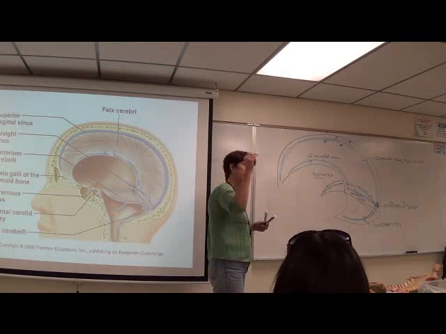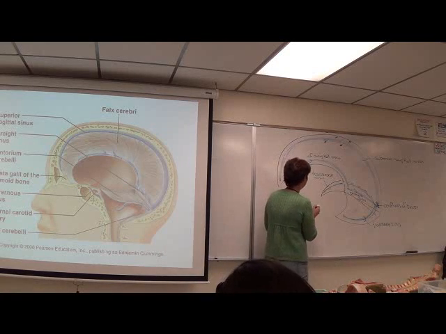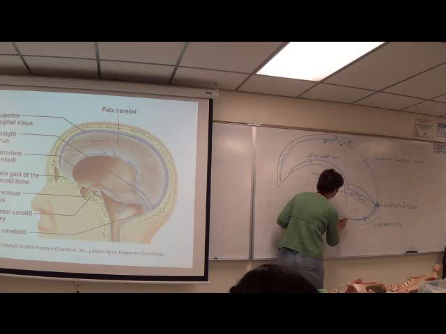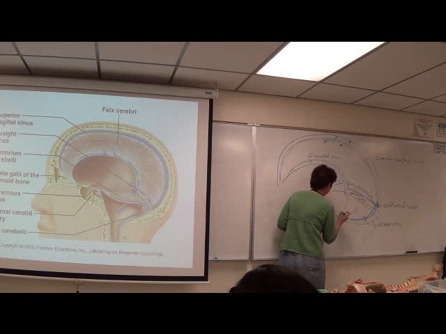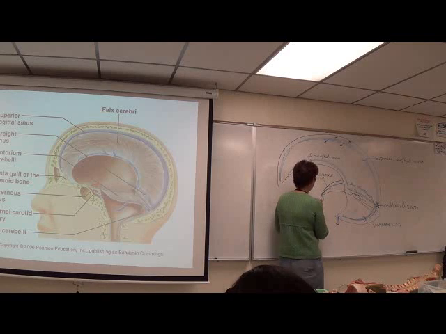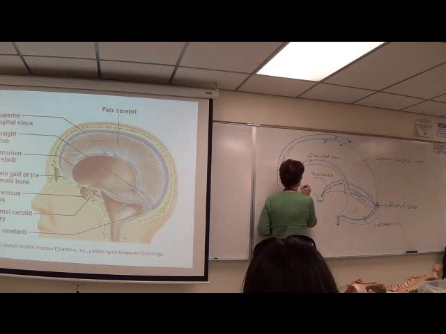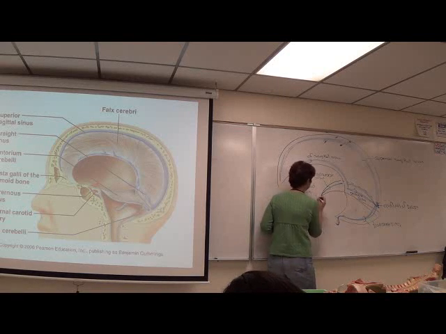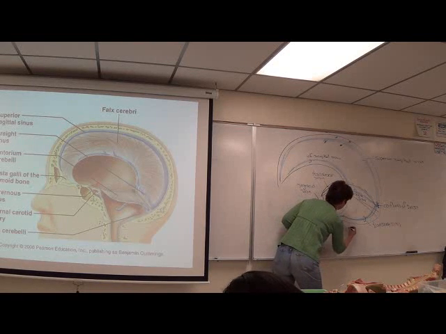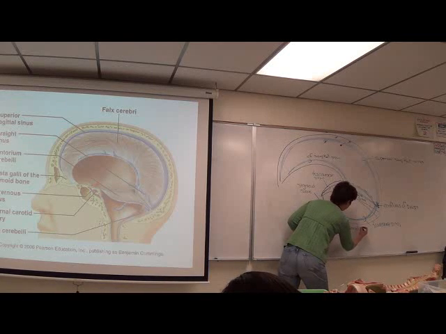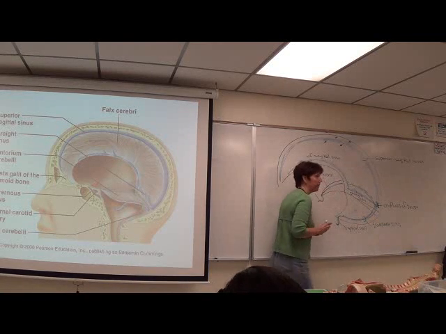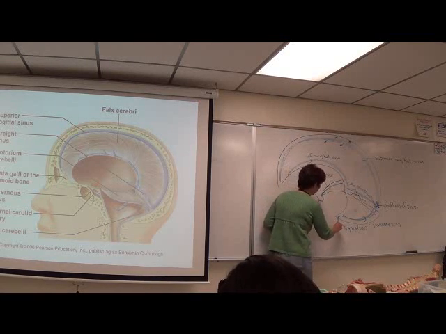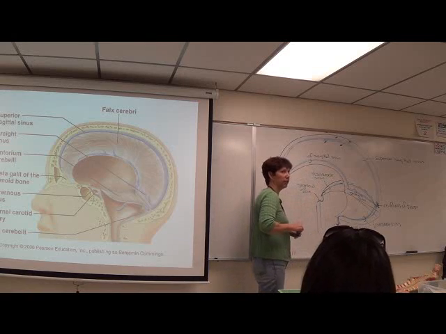So our curve is a sigmoid curve. So in the dura mater along the skull, we have a pair of sigmoid sinuses. And they end at the jugular foramen. So finally then we have our internal jugular veins.